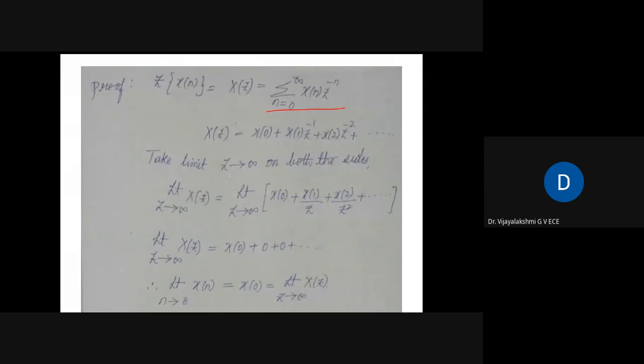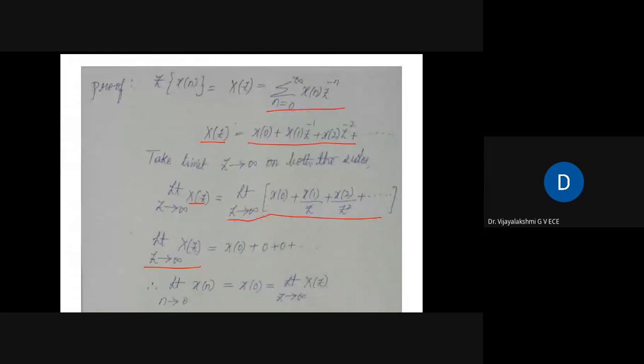Now what I do is, I apply the limits on this equation as z tends towards infinity. So on the left hand side I have limit of z tending towards infinity x of z, and here also I'll apply the limit. So limit of this equation as z tends towards infinity. Now the left hand side remains the same, limit of x of z as z tending towards infinity. On the right hand side you apply the limit as z tends towards infinity.